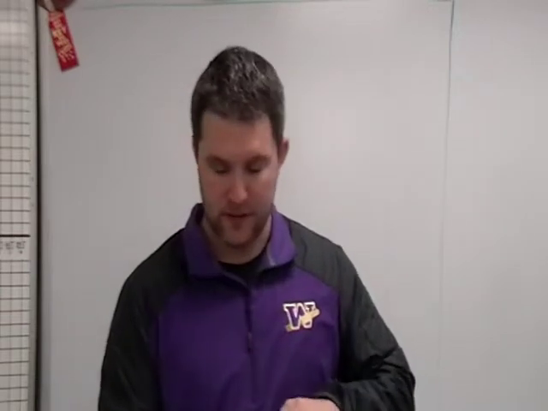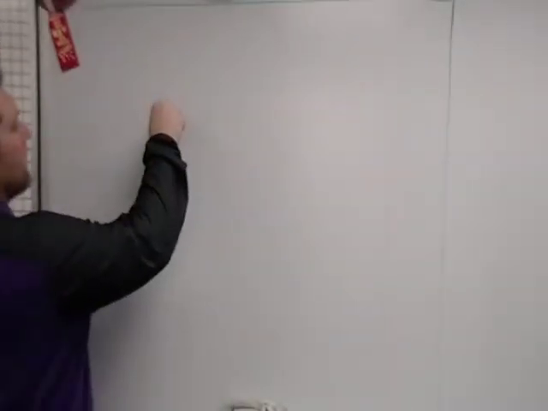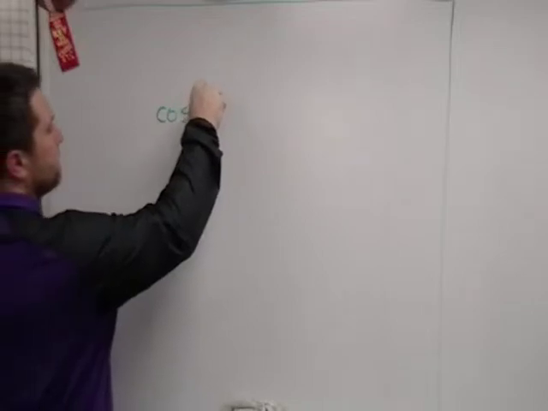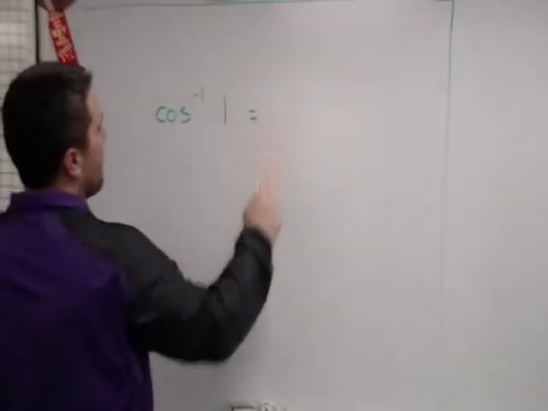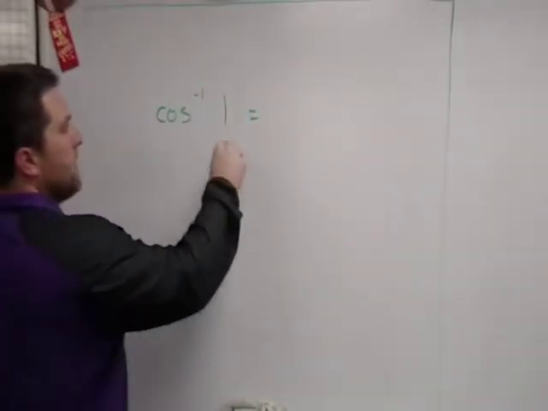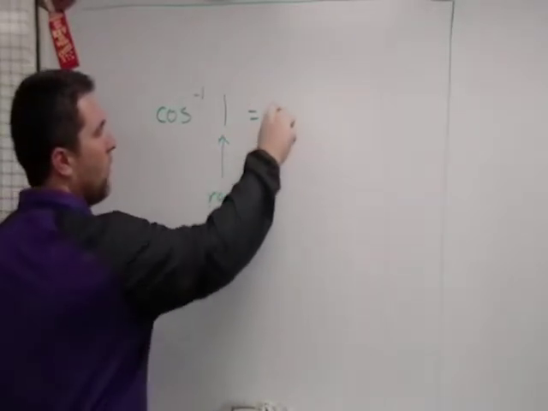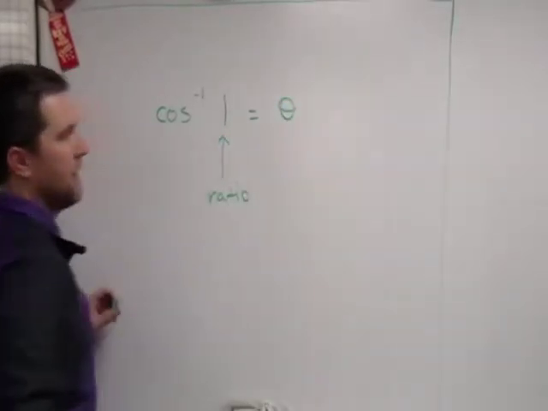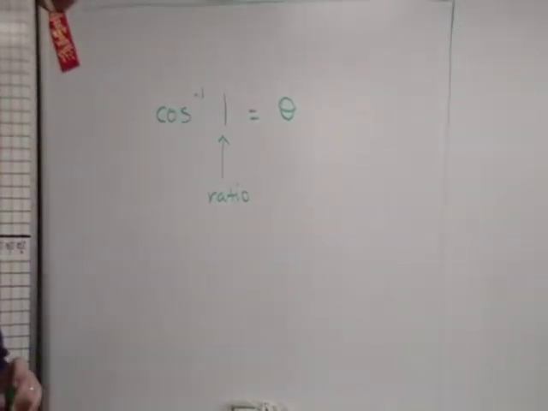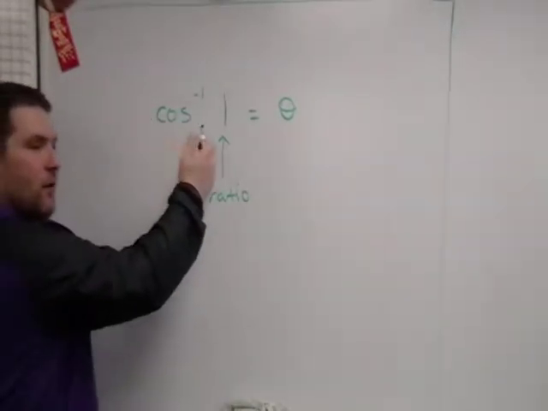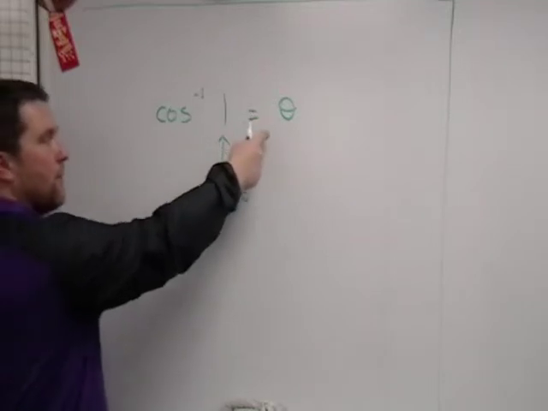16. Okay, what was the question in 16? Cosine inverse of 1. So, this 1 is the ratio. We're looking for theta, basically. Anytime you take inverse of a trig function, you're looking for theta.